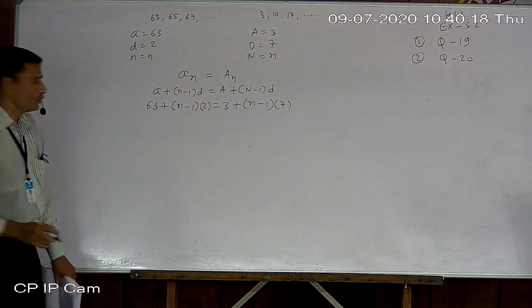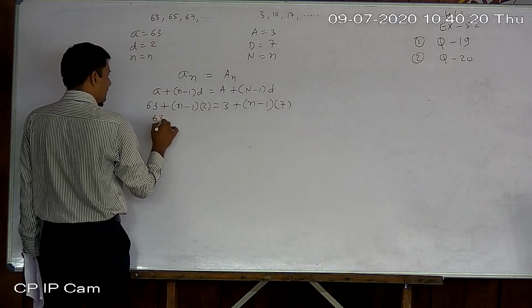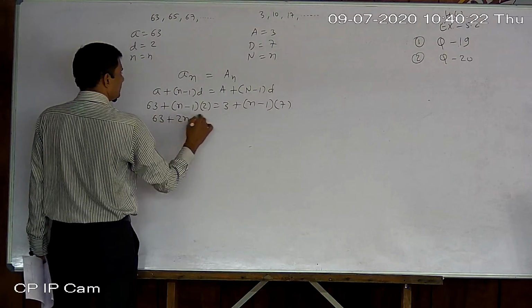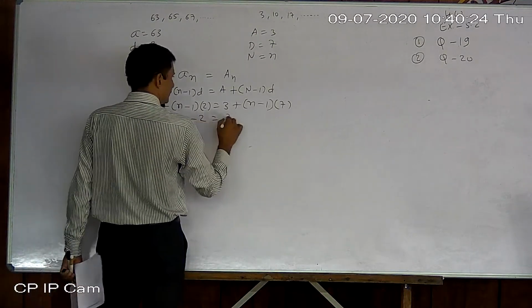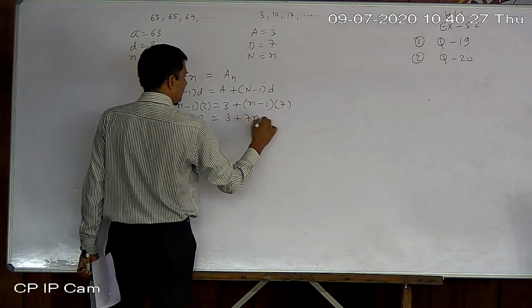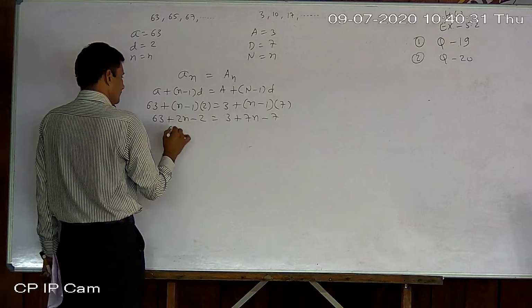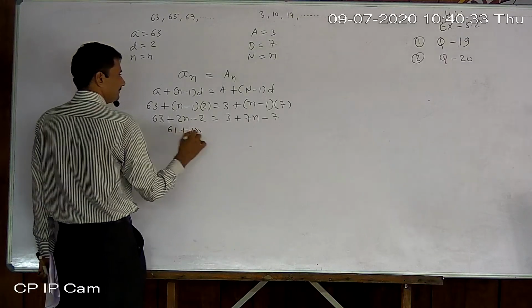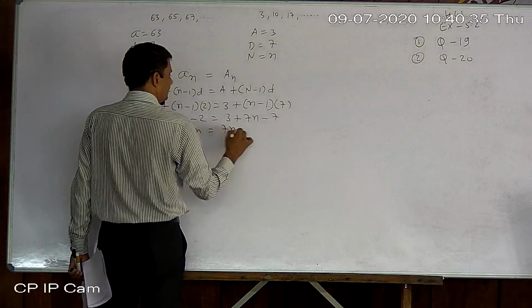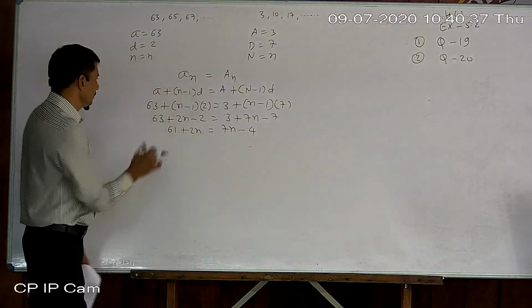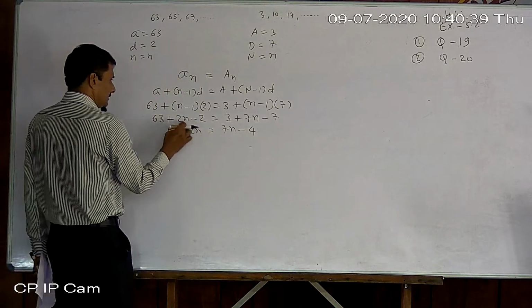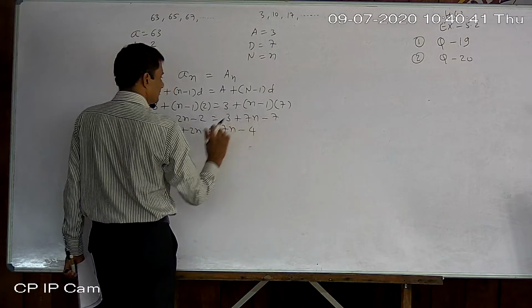Okay. Now 63 plus 2n minus 2. Now 3 plus 7n minus 7. Now 61 plus 2n equals 7n minus 4.